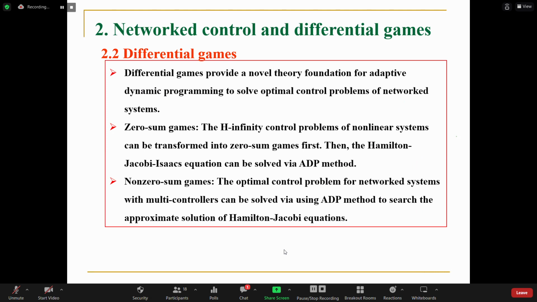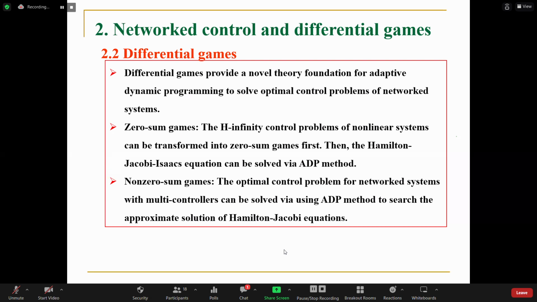Differential games provide a novel theory foundation for adaptive dynamic programming to solve optimal control problems of networked systems. The H-infinity control problem of nonlinear systems can be transformed into zero-sum games first.